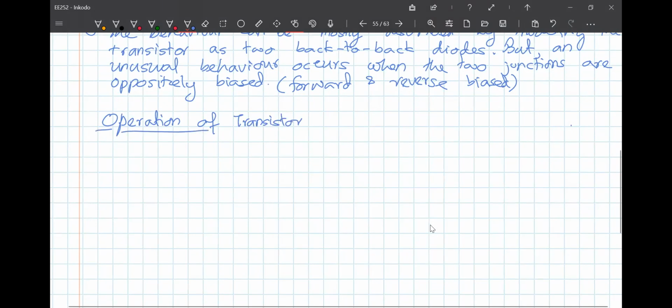Operation of transistor. All right. Now, again, let me draw the figure here. So you have base, emitter, and the collector.